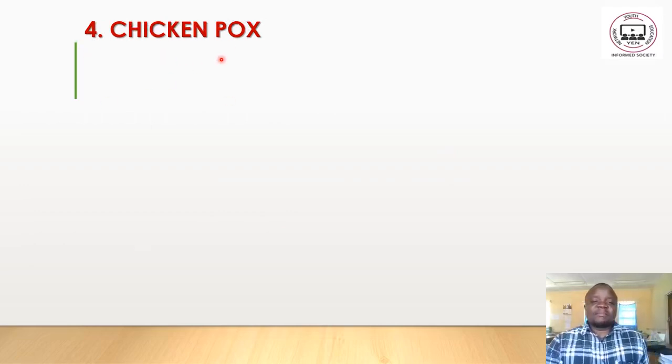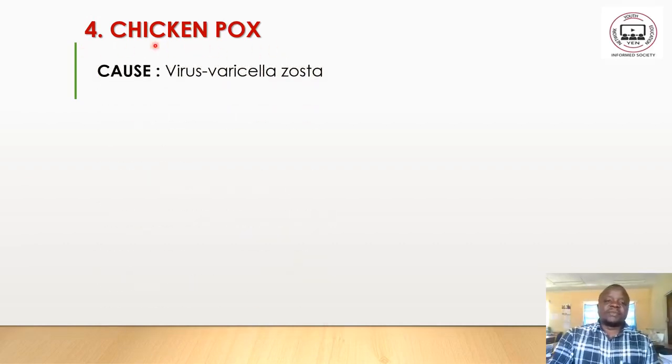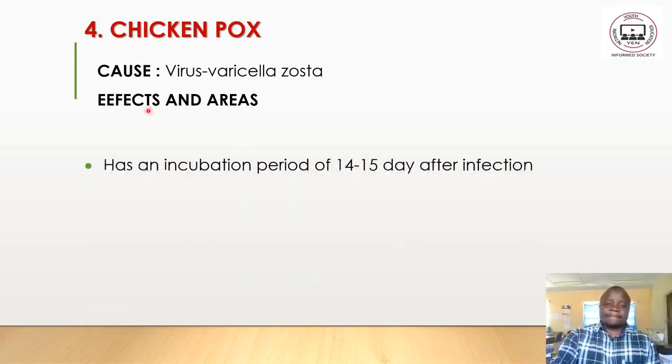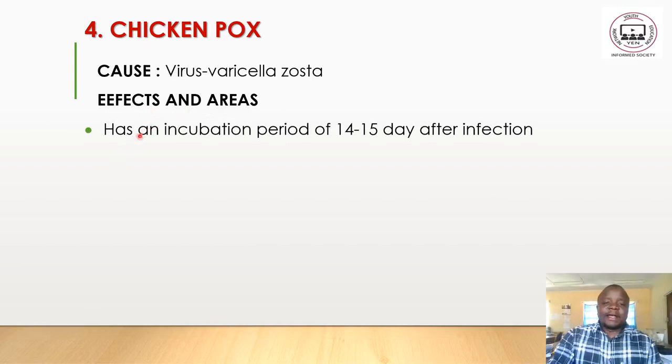Another example of diseases caused by viruses is chicken pox. Chicken pox is caused by a virus known as varicella zoster. Effects and areas affected: it has an incubation period of 14 to 15 days after infection.